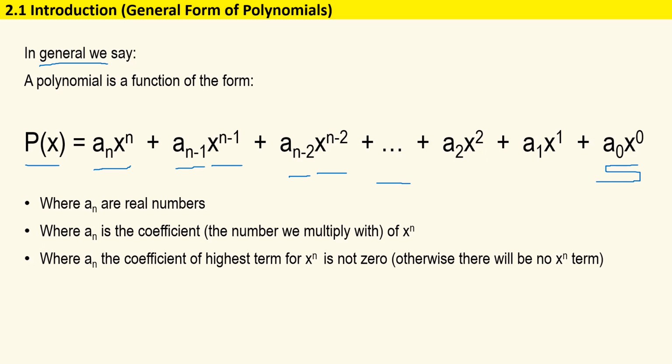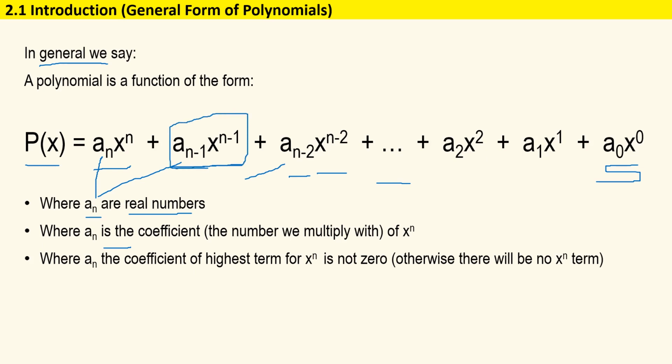In this expression, all the an's are real numbers. So an minus 1 and an minus 2, they are all real numbers. And an's are called the coefficients of the terms. So let's say an minus 1 multiplied by x raised to power n minus 1.